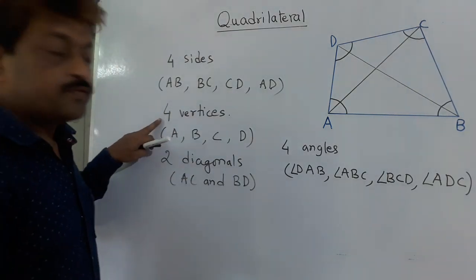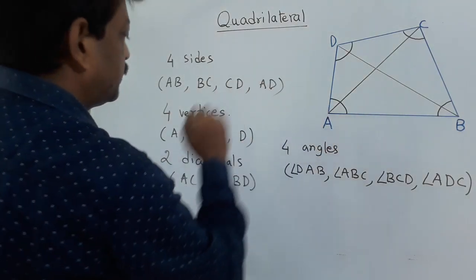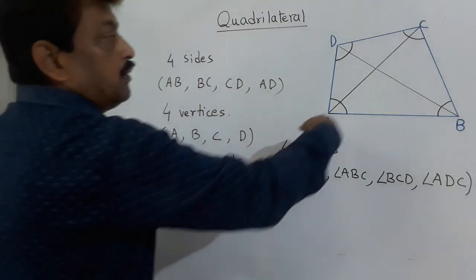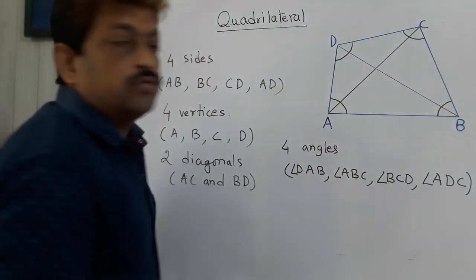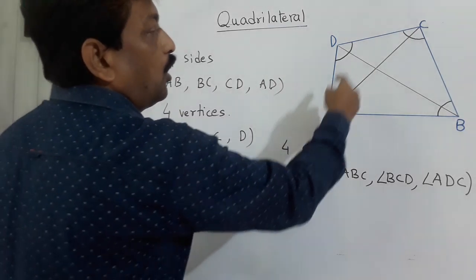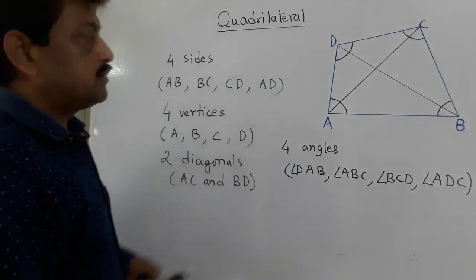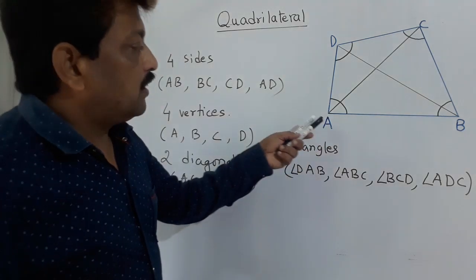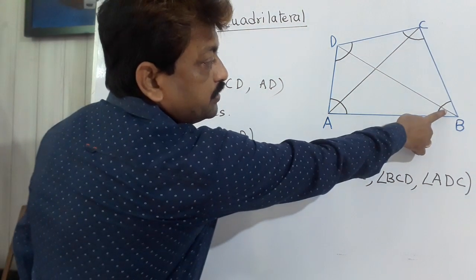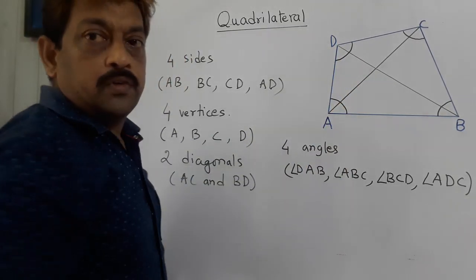A quadrilateral has four vertices, the points where two sides are meeting: A, B, C and D. A quadrilateral has two diagonals, the line segments obtained by joining the opposite vertices, AC and BD. And a quadrilateral has four angles: angle DAB, angle ABC, angle BCD and angle ADC.